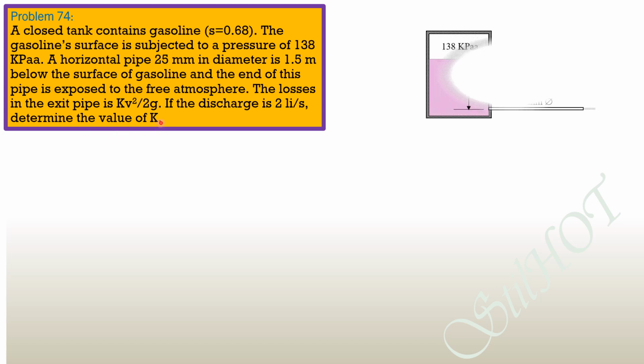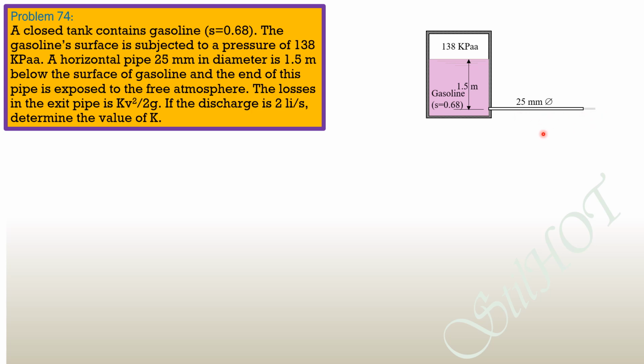So for our solution, let's draw the diagram to help analyze the situation. We have a closed tank which contains gasoline of specific gravity 0.68, and the pressure at the gasoline surface is 138 kilopascals absolute, and we have a horizontal pipe 25 mm in diameter and 1.5 meters below the surface of gasoline, and this is exposed to the atmosphere.